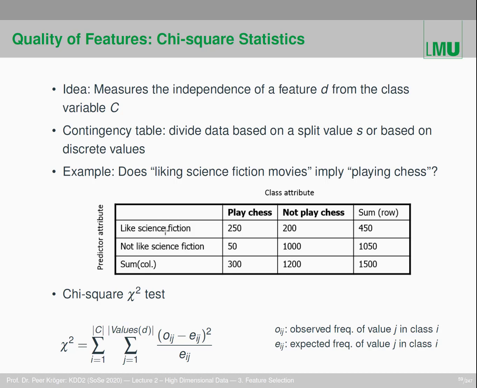So people that like science fiction are in total 450 in the training set, and 250 of them play chess and 200 of them do not play chess. And out of the people that do not like science fiction, 50 play chess and 1,000 do not play chess. A total of 1,050 do not like science fiction. And here are the sums below.